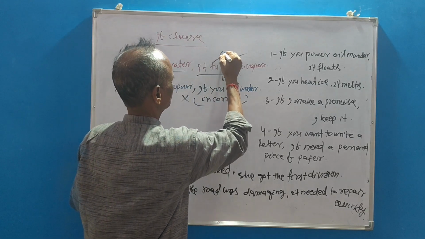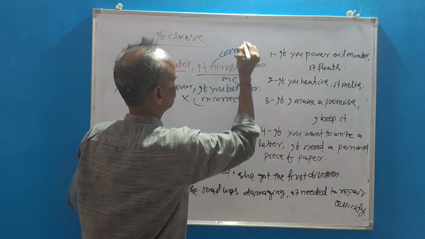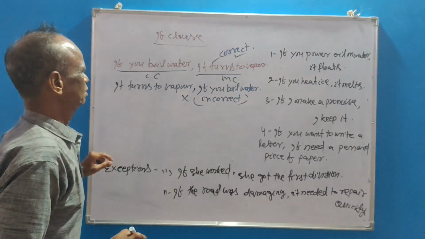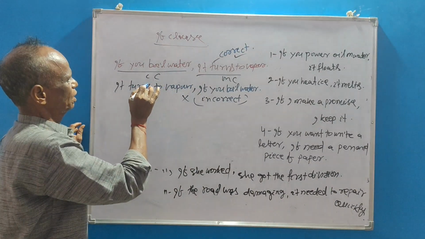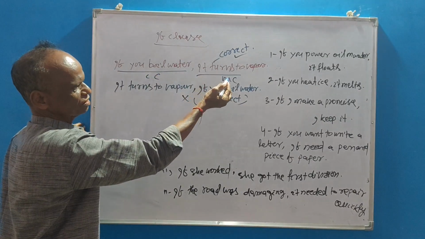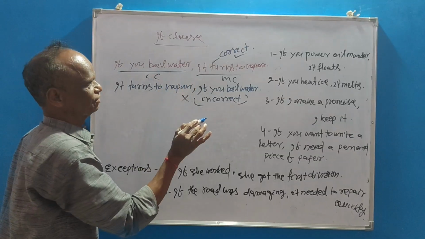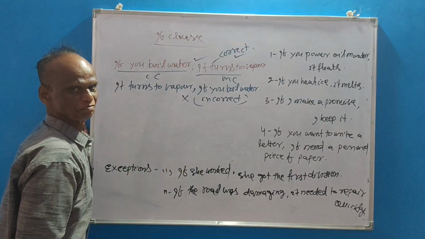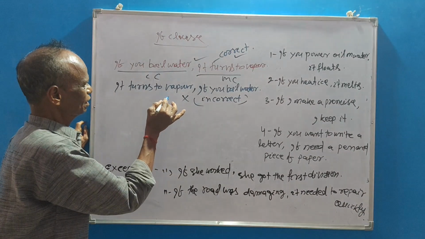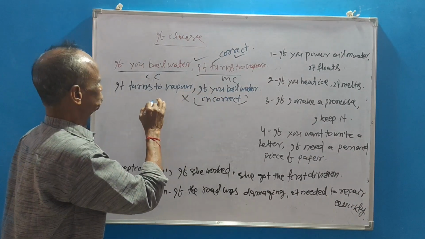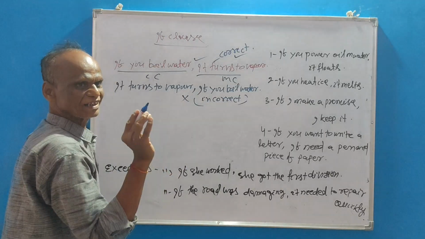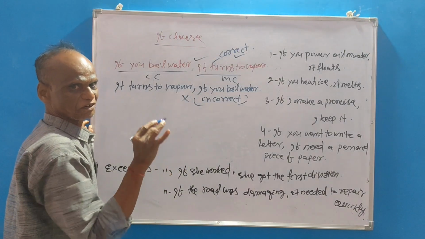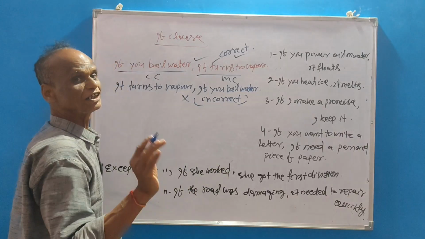It is correct. Why? When main clause is used after conditional clause, comma is used. When conditional clause is used after main clause, comma is dropped. Comma cannot be used.